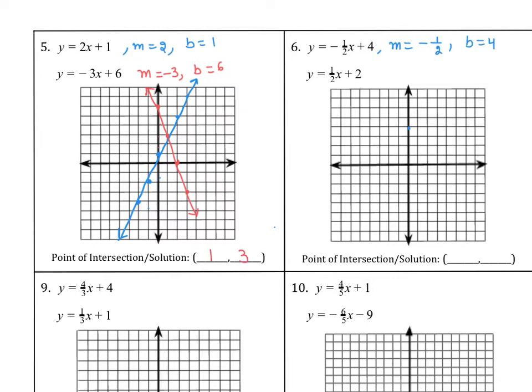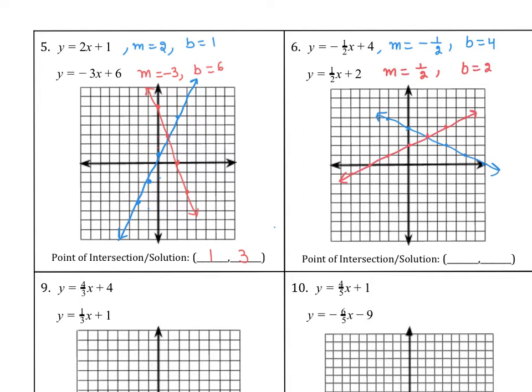For number 6, you have a slope m equals negative 1 over 2 and y-intercept equals 4. So you start from 4 and go down 1 over 2, down 1 over 2, down 1 over 2, and you get the line graph.